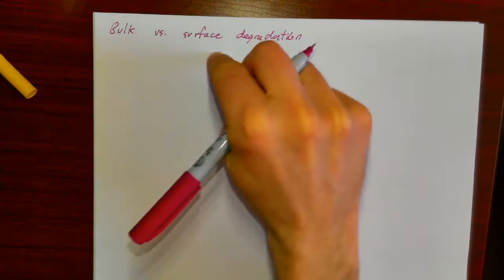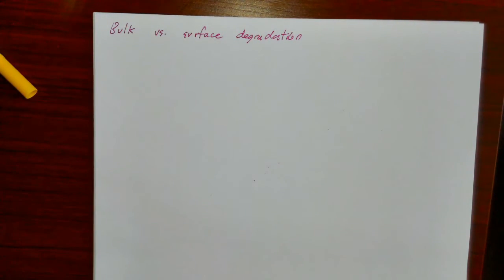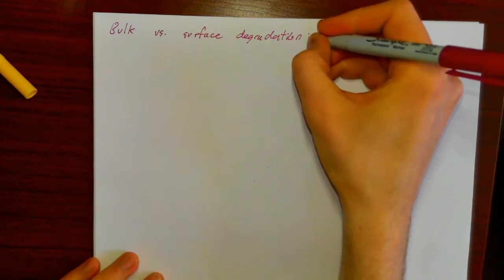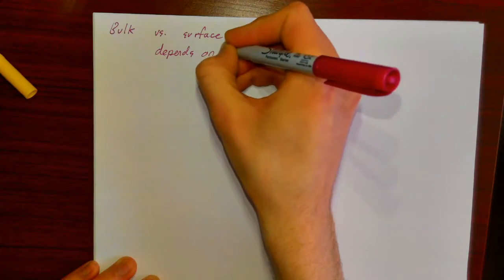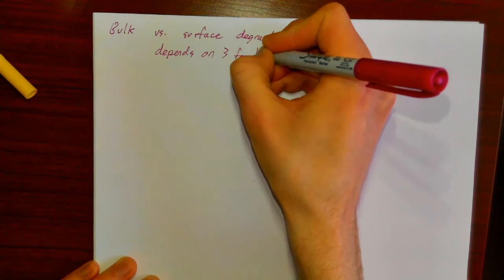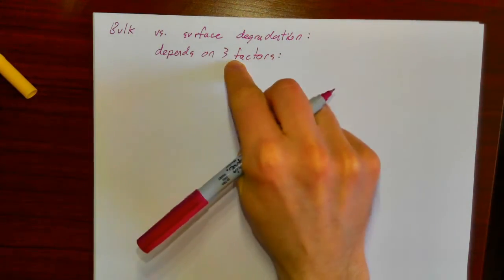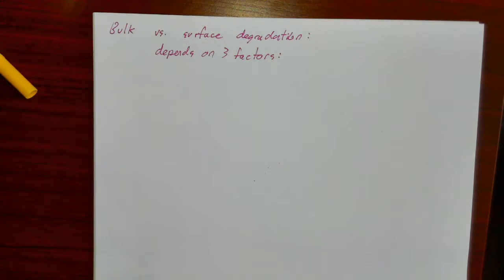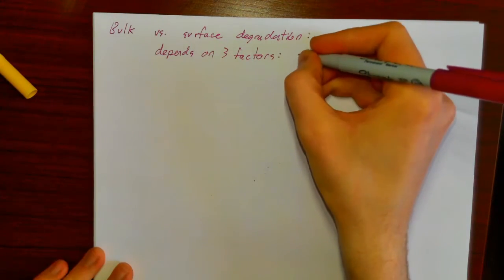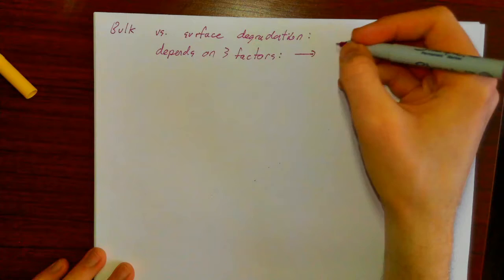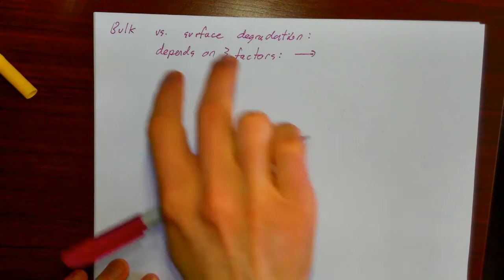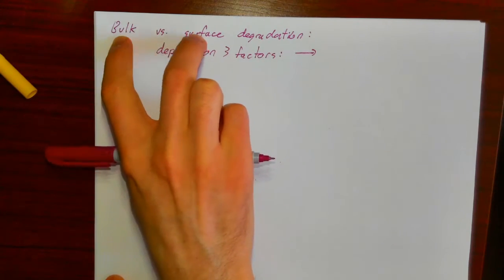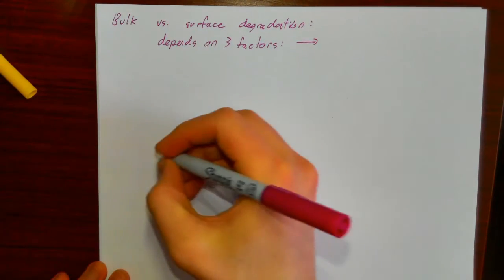Bulk versus surface degradation depends on three factors. So what three factors does it depend on? Well, the first factor is understandably the reaction rate constant. First we'll talk about bulk versus surface degradation in general.